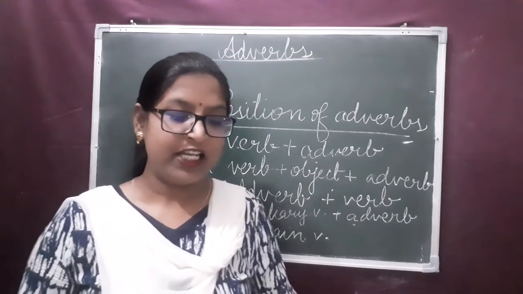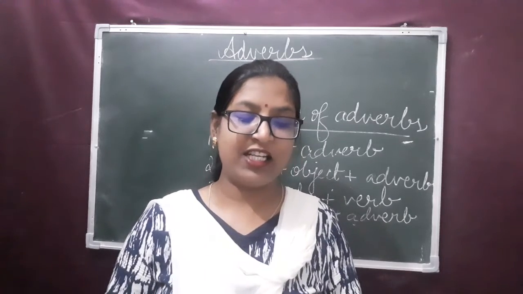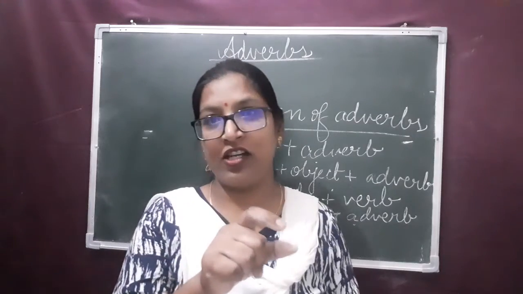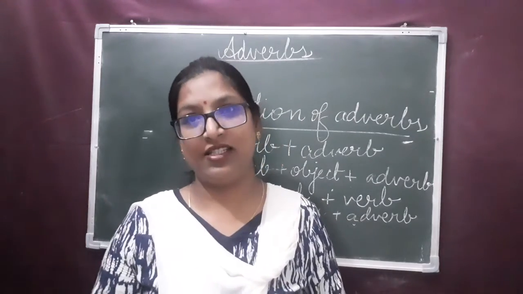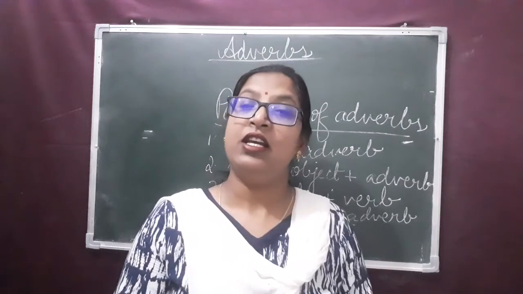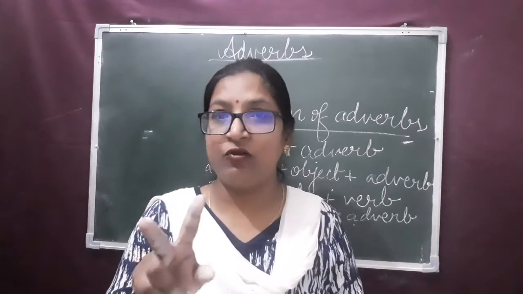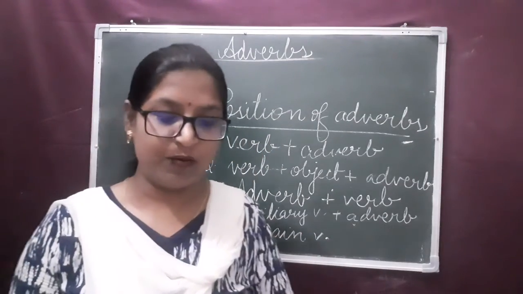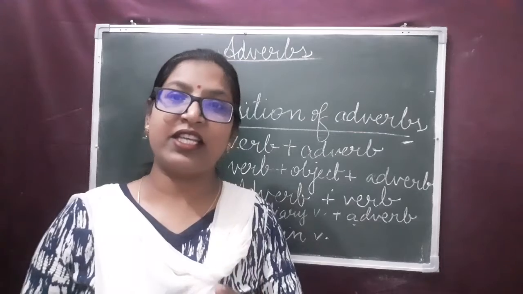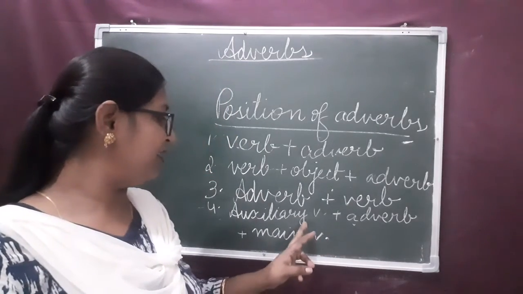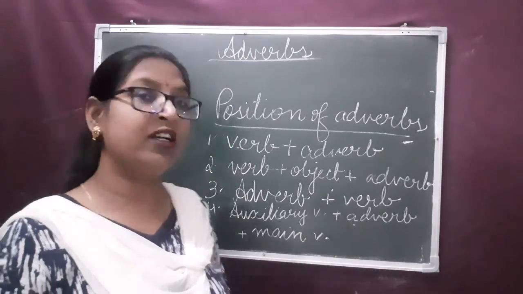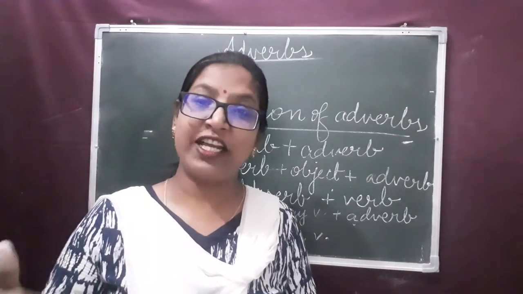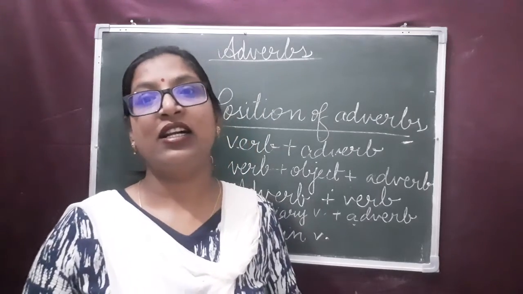For example, he was greatly praised for his conduct. Was is an auxiliary verb. Main verb is praised. Was praised is a verb and it consists of the auxiliary verb and the main verb. Clear? So in this case, the adverb takes place in between the auxiliary verb and the main verb. Greatly is an adverb here. He was greatly praised for his conduct.